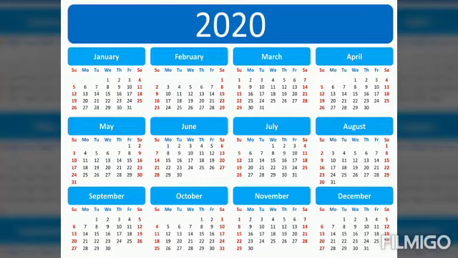So class, study the spelling of each month, the number of days also in every week and every month also. Study the number of days, and we will be asking you questions later.